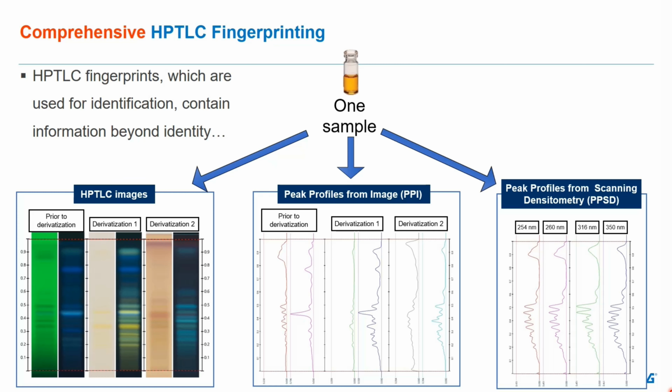Furthermore, detection is possible with different detectors like a documentation system or a scanner in different stages of the plate, like prior and after chemical or biological reaction performed on the plate. Each time a detection is performed, a profile for identification and quantification is obtained, which can also be used for multivariate data analysis.